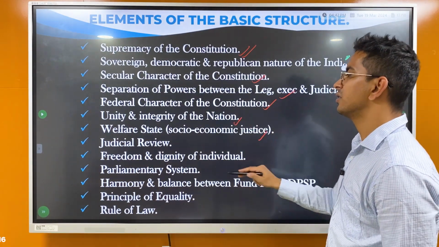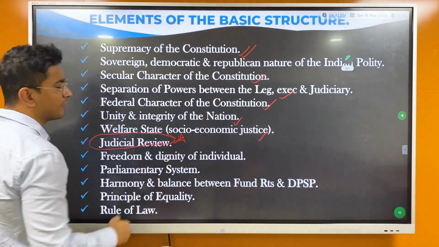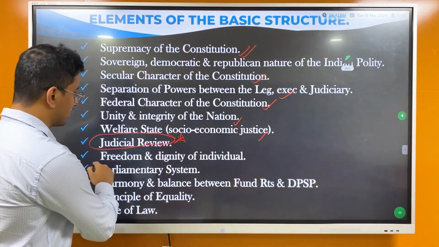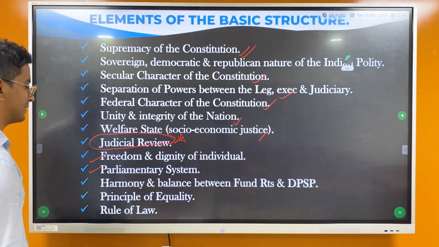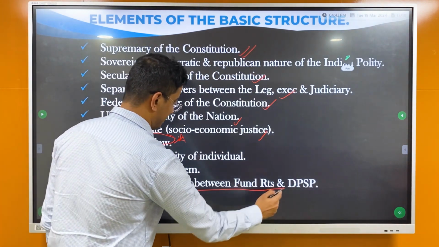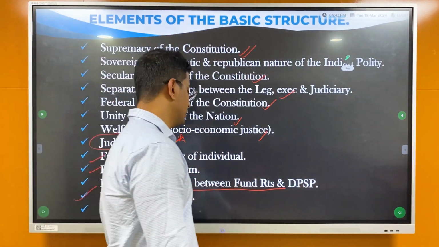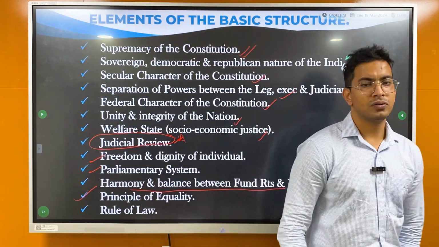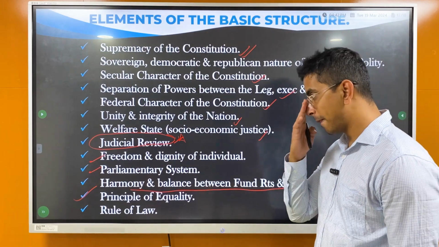Welfare state. Judicial review. Almost everything is open for judicial review. Freedom and dignity of individuals. Parliamentary system. Balance between fundamental rights and DPSP. Principle of equality, rule of law. So these are some of the elements of basic structure.